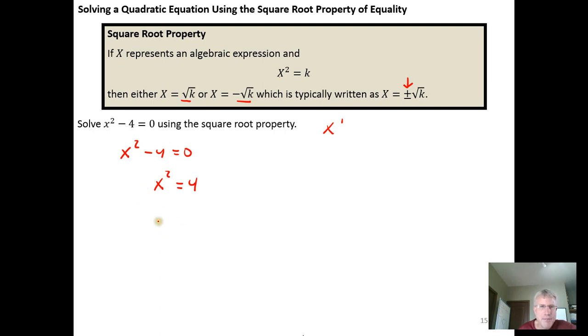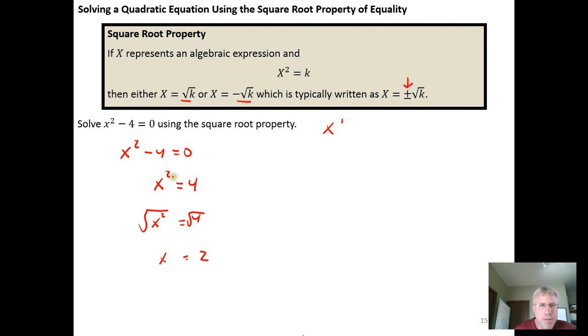So let's say to get rid of the squaring, I take the square root of both sides. The square root cancels the squaring, leaving me with an x, and the square root of 4 by definition is the positive square root, so it's just 2.